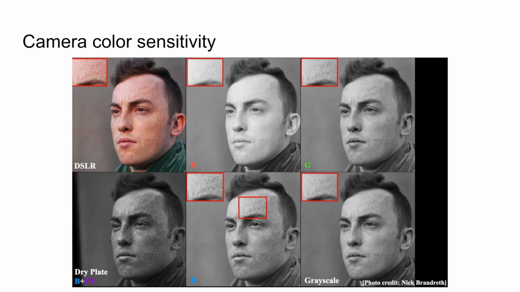So the first problem we talked about is color sensitivity. We can see that the way we convert our colored image to black and white has an effect on how that black and white image looks.